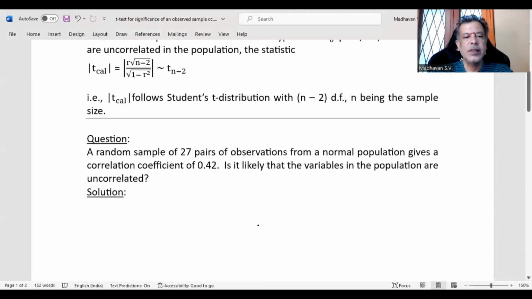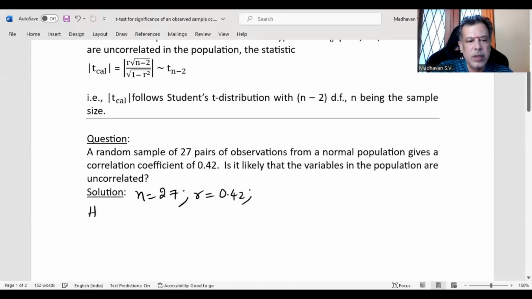The question says a random sample of 27 pairs of observations from a normal population gives a correlation coefficient of 0.42. Is it likely that the variables in the population are uncorrelated? Here the sample size n is 27 and the sample correlation coefficient r is 0.42.